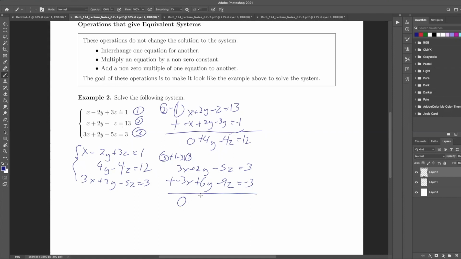This becomes 8y, this is minus 14z, and this is equal to 0. So we rewrite our system again. We didn't do anything to the first two, so we just write them down, and this one is now replaced with this.